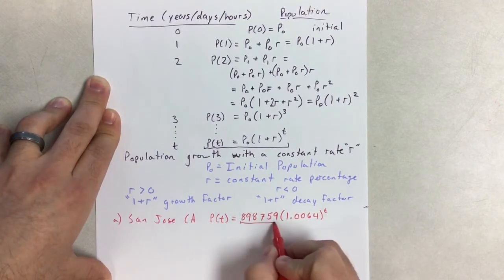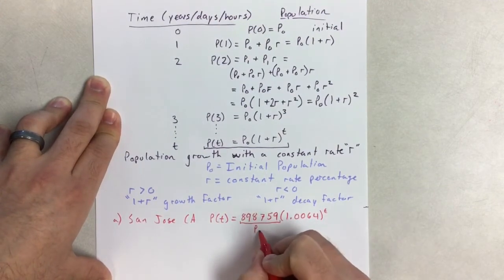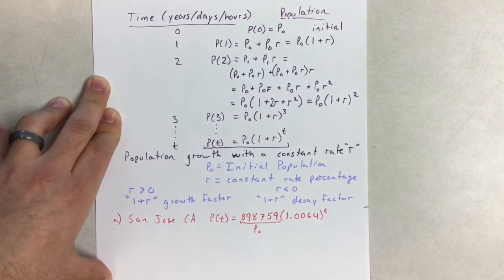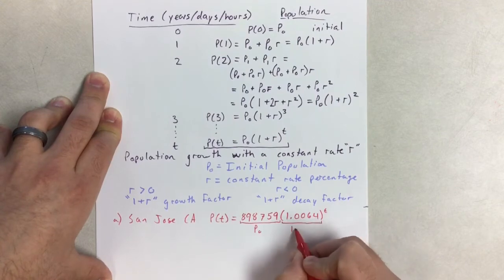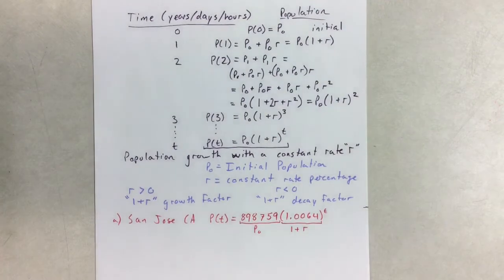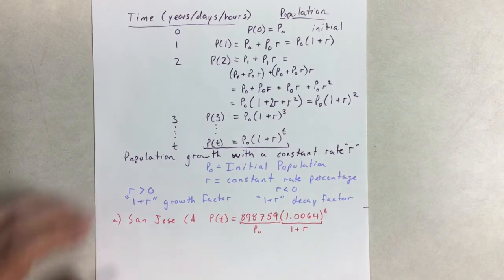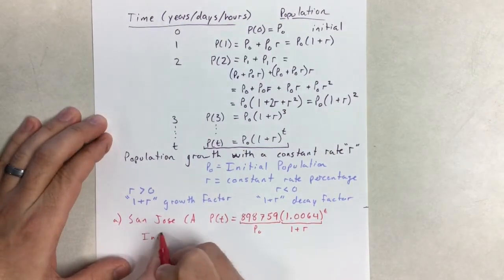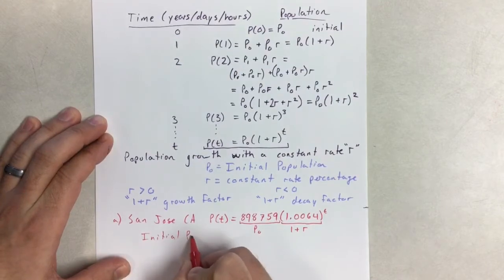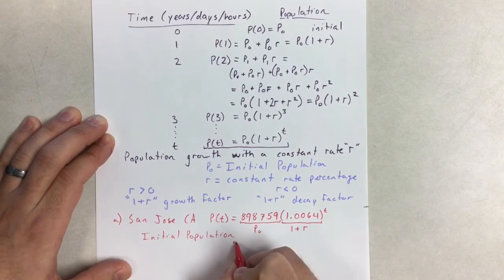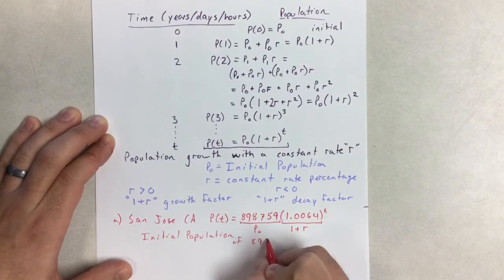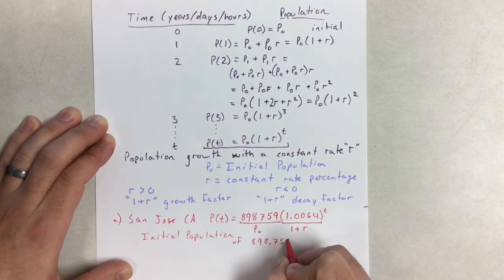So from this, we can quickly see that the initial population is 898,759, and then 1 plus R is 1.0064. So what we can interpret from this formula is that the initial population is 898,759 individuals.